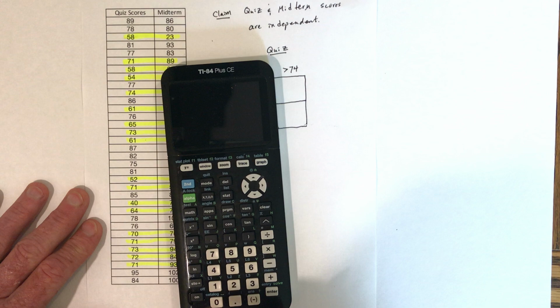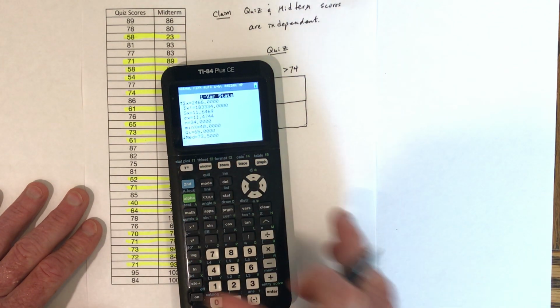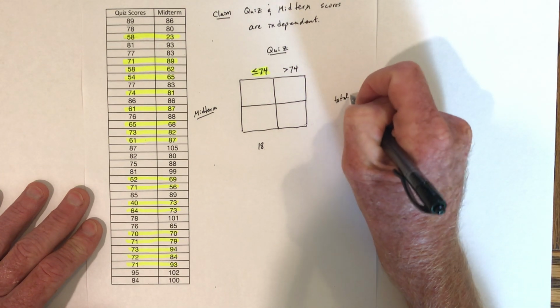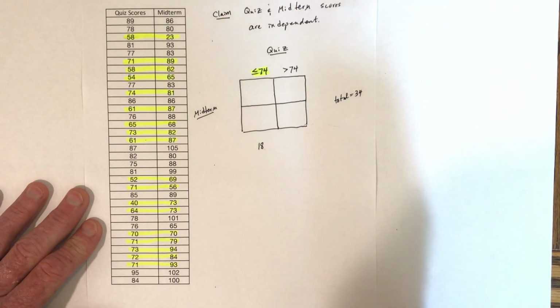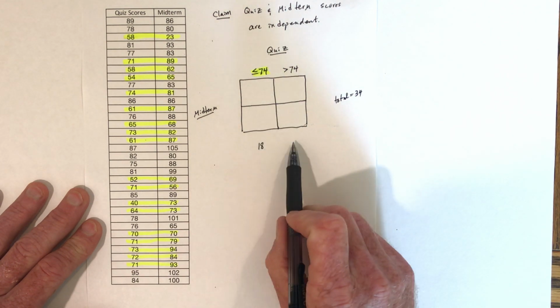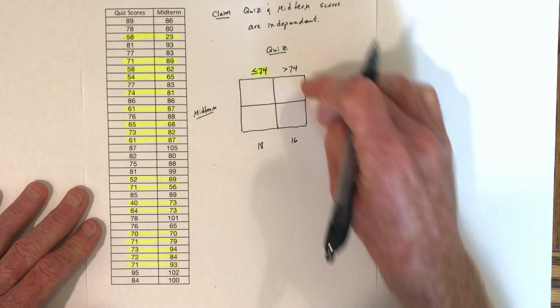And what I could also do is look on here and it says there's 34 people. So the total equals 34. If 18 people are going to be in this column, well, 18 plus 16 equals 34. So that means this is going to be 16 people over here.